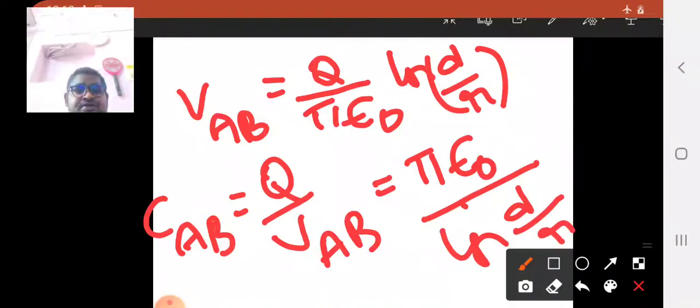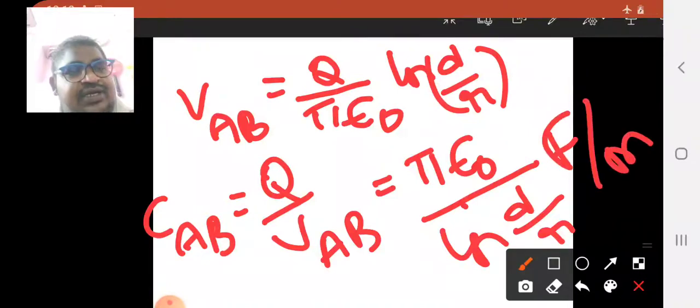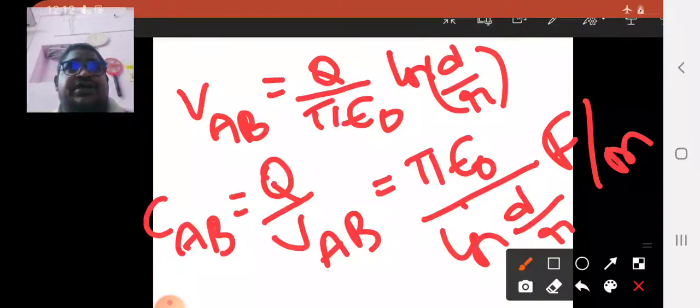The units are farad per meter. This equation gives the capacitance between the conductors of the two-wire line.